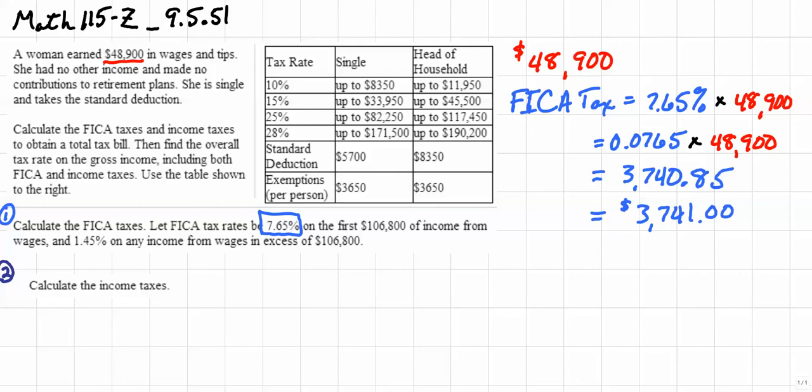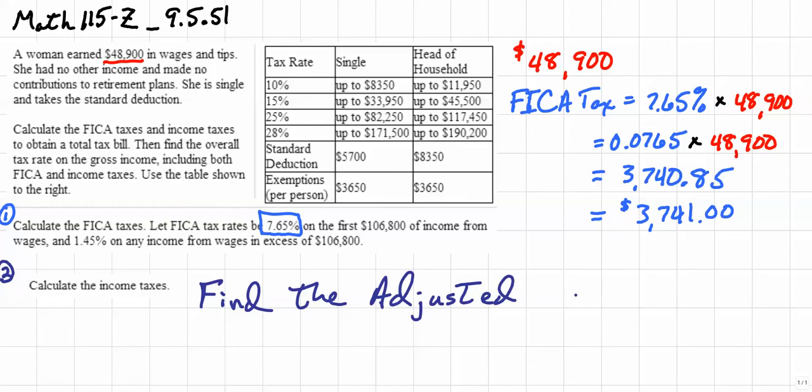Now, to calculate income taxes, the first thing you want to do is to find the adjusted gross income. And when we talk about the adjusted gross income, that's also called the AGI. And that is going to be what the income is after we deduct any adjustments, exemptions, or deductions from the gross income.